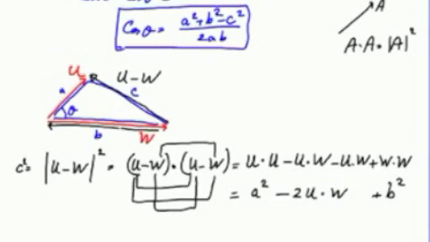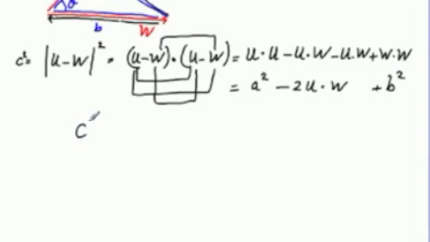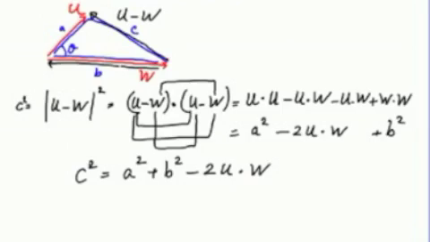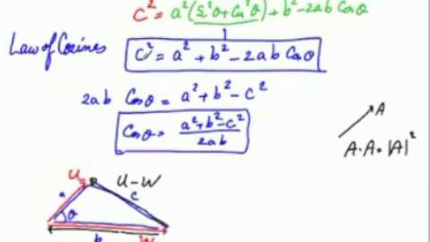Okay, let's rewrite this thing. What do we have so far? I have C squared is equal to A squared first and B squared minus 2 U dot W. What did we just discover? We discovered that C squared is A squared plus B squared minus 2AB cosine theta.